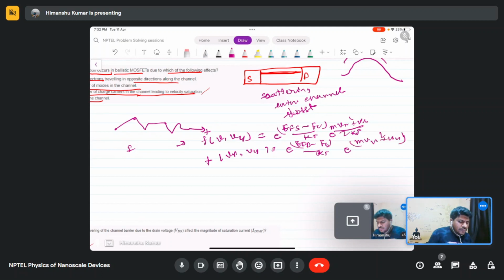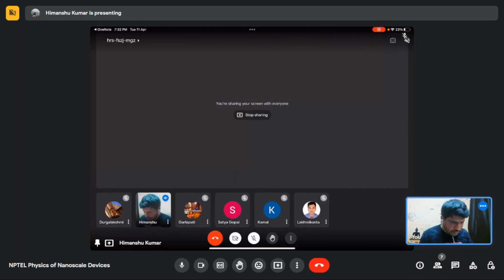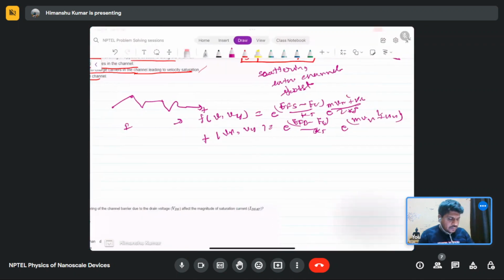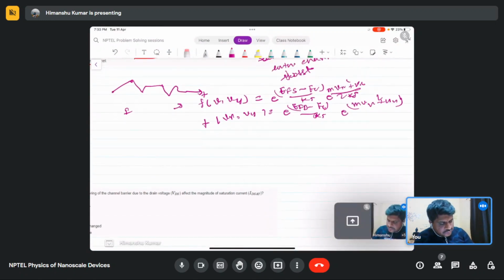When we assume that a very low bias is applied, this factor will become 1, so these are not independent.